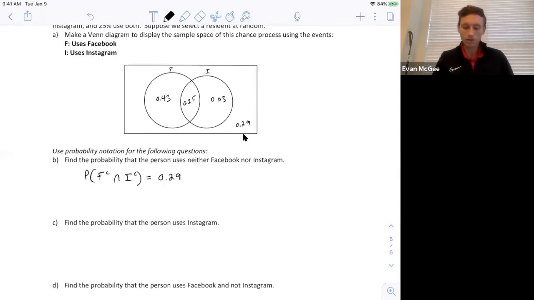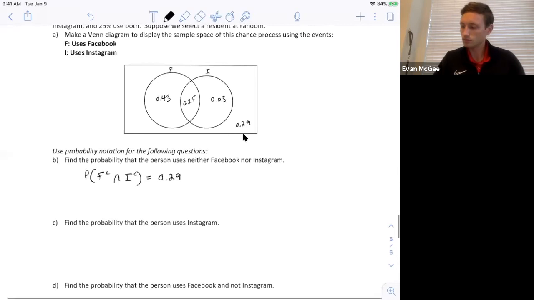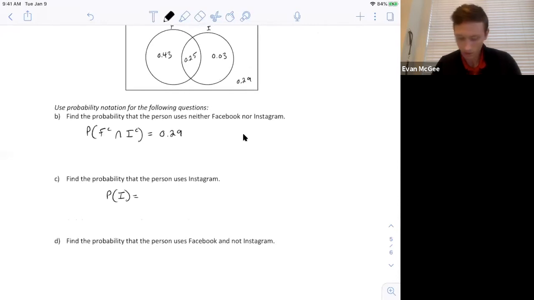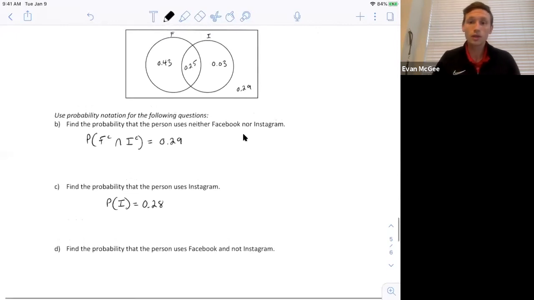Find the probability that the person uses Instagram. So the probability of I in this case, and they told us this in the problem, is 28%. But this is just a reminder, the 28% is the entire circle of Instagram.